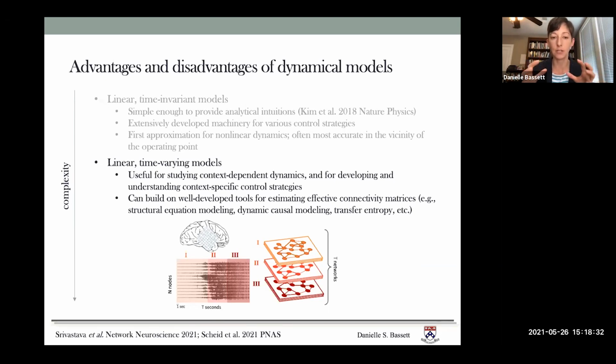And so that allows you to say something about the context of those dynamics and context-specific control. Also, the nice thing is that those approaches can build on well-developed tools for estimating effective connectivity matrices. So using, for example, structural equation modeling or dynamic causal modeling or something like transfer entropy.